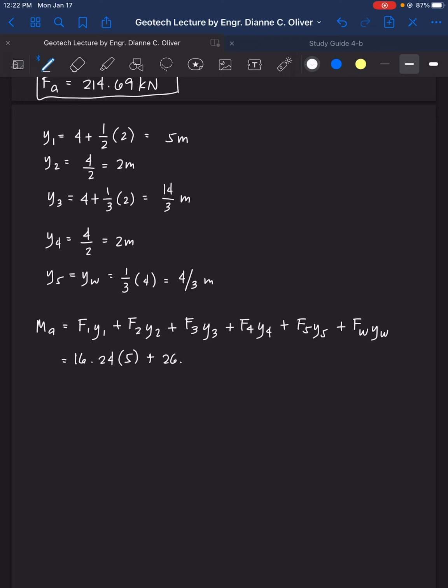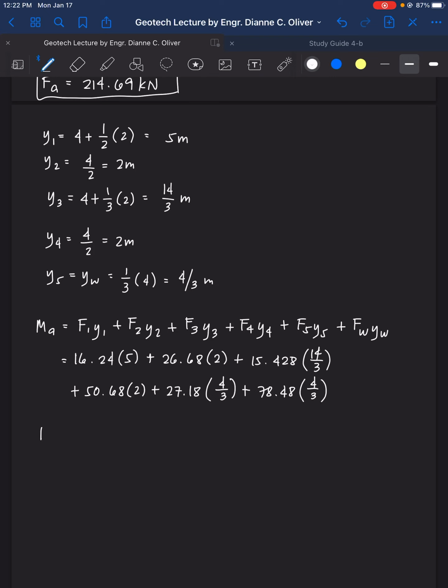plus 26.68 times 2 plus 15.428 times 14 over 3 plus 50.68 times 2 plus 27.18 times 4/3 plus 78.48 times 4/3.